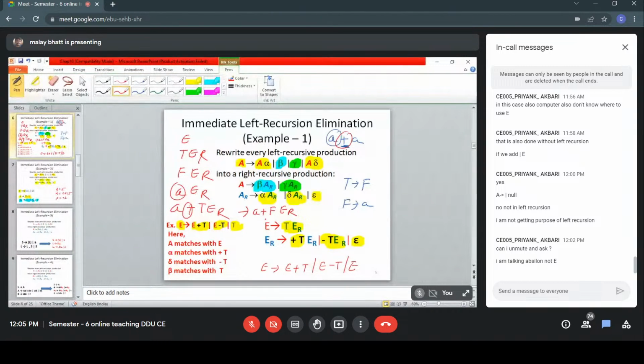Now for F, I will replace with A, so we get A plus A ER. Now whatever string is required, I have already achieved, and it is the end of input. So when it is the end of input, at that time I will replace ER with null, because now I know that I don't require anything.